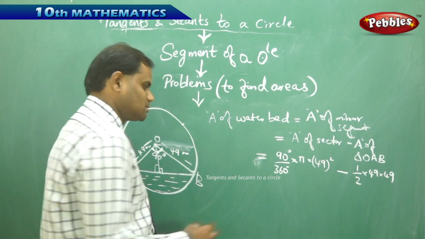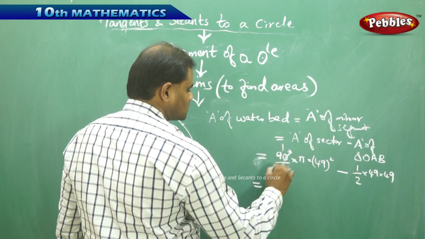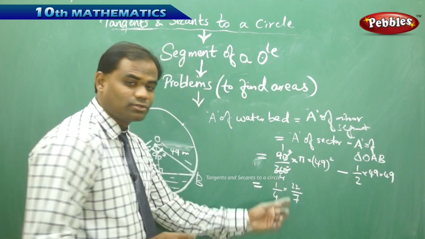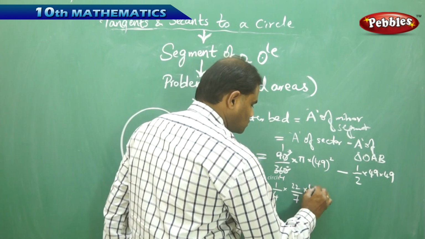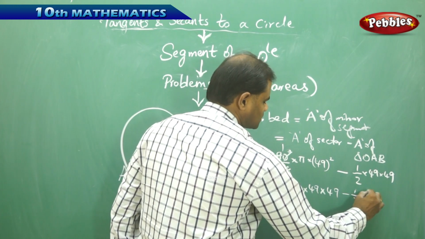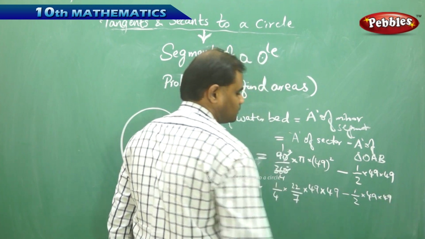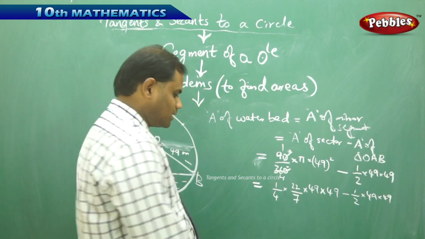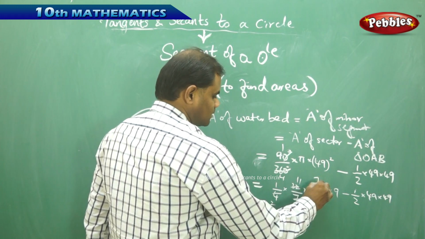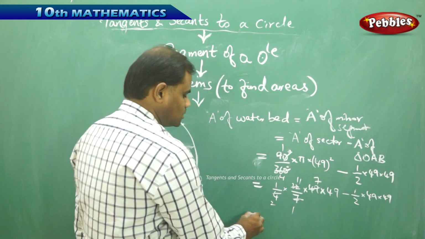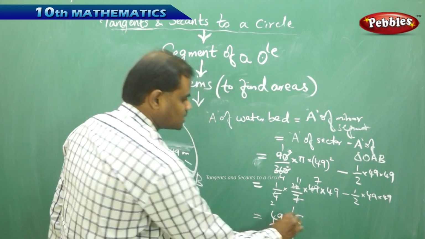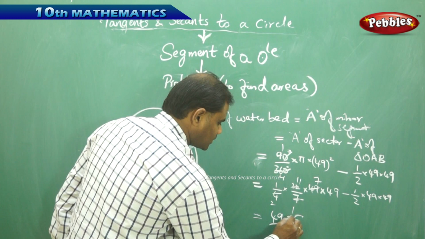Simplifying this, I get 1 by 4 times pi, if I take it as 22 by 7, this reduces to 49 times 49, and further simplification gives half times 49 times 49. On further simplification, I can take 49 over 2 common, and then simplify with 7 taken outside.